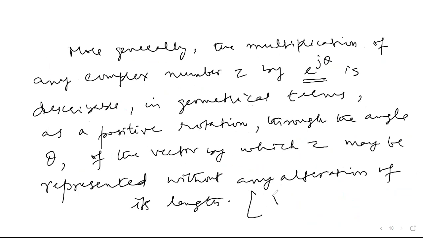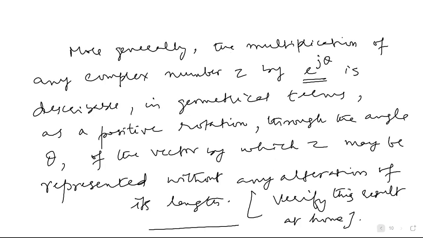I give this homework. Verify this result at home. This is your homework. You verify that if I multiply some complex number z by e^(j theta), it will be rotated through angle theta in counterclockwise sense, and there will be no effect on its length. This is all for today.